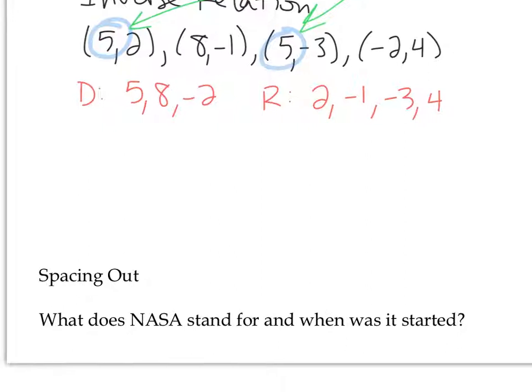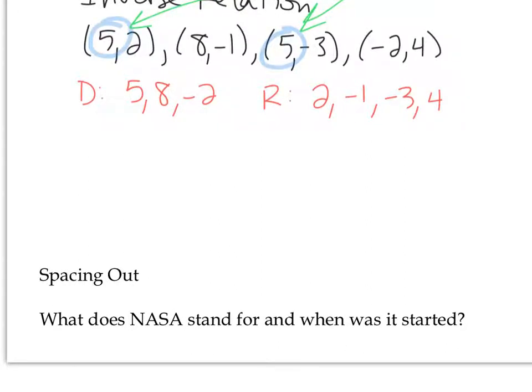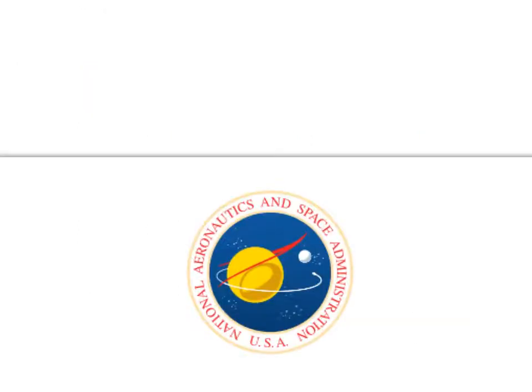All right, spacing out. What does NASA stand for? What do you think it might be? You might know that that's like space exploration, things like that, right? Or astronauts are in NASA. What does the letters NASA stand for? It stands for the National Aeronautics and Space Administration.